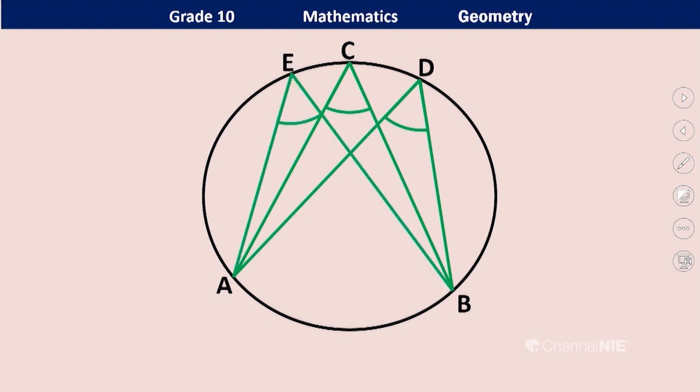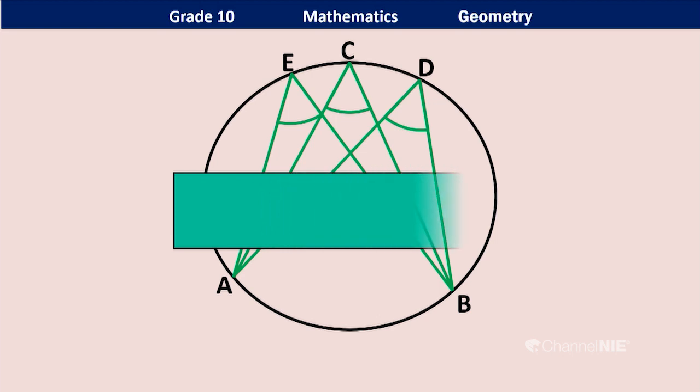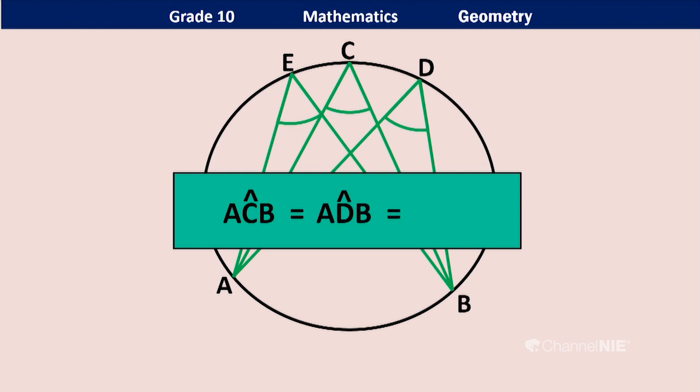Once again, I am going to subtend another angle on the remaining part of the circle by the minor arc AB. Here I can say the magnitude of angle ACB is equal to the magnitude of angle ADB, that is also equal to the magnitude of the angle AEB.